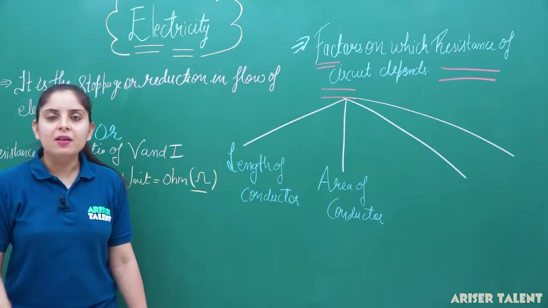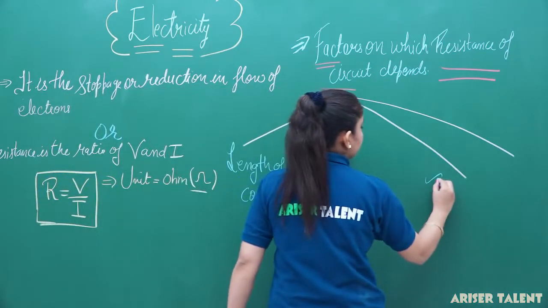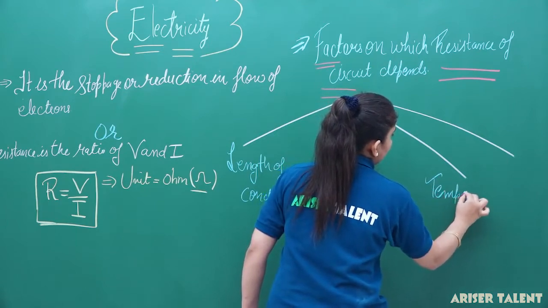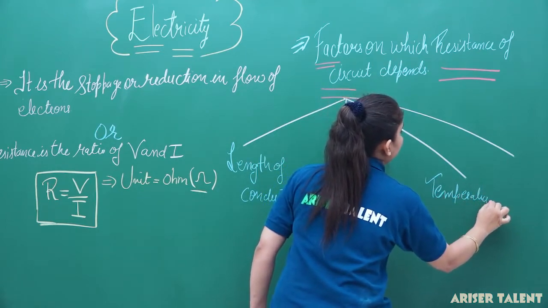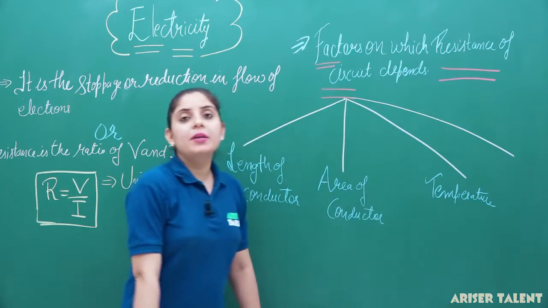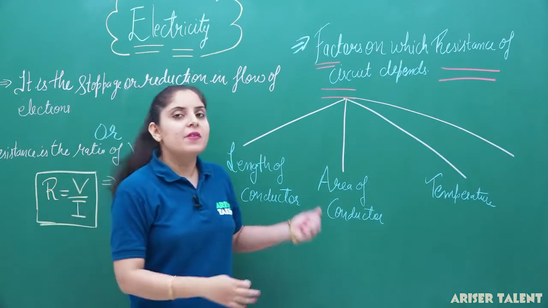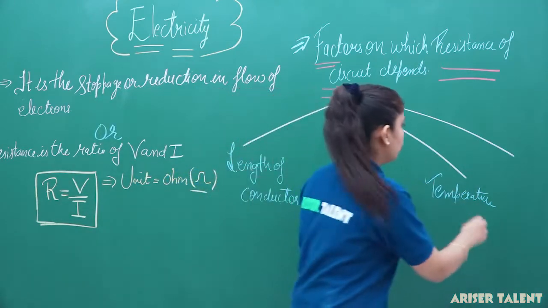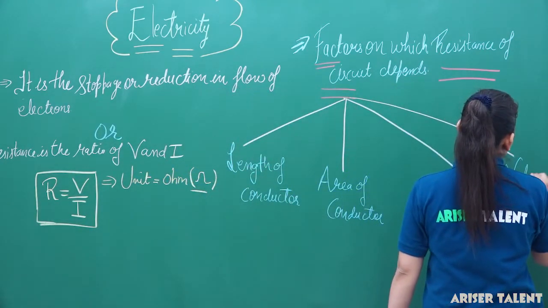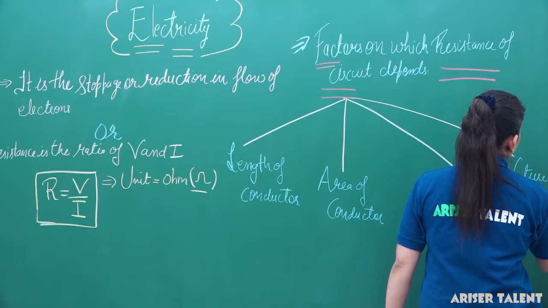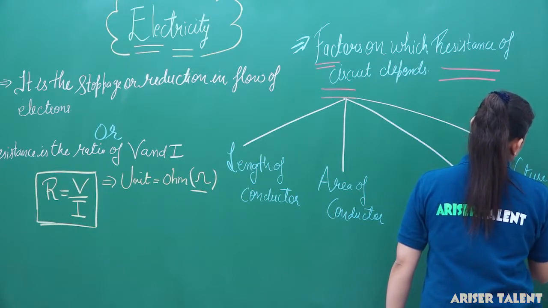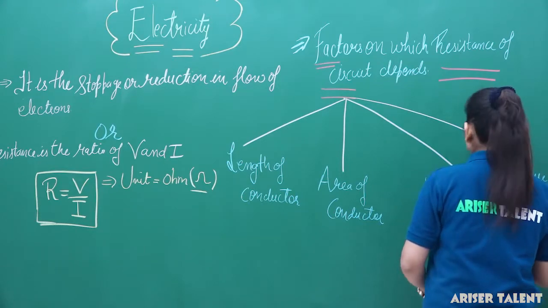Third factor will be the temperature of a substance. And the fourth and final factor will be the nature of material. The nature of material is always going to specify whether the resistance will be high or low.